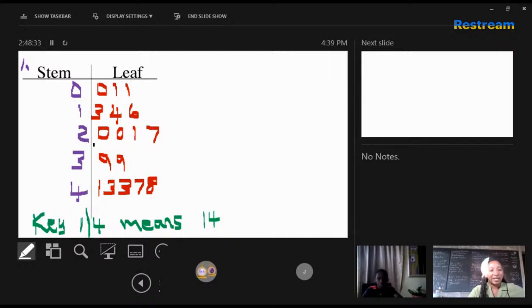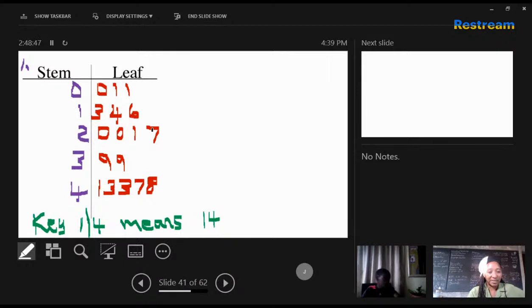So when you're looking at these numbers here, don't look at them as the digits that you're seeing. Look at them as combined with the stem. That's very important. So this is not 7. This number here actually represents 27.